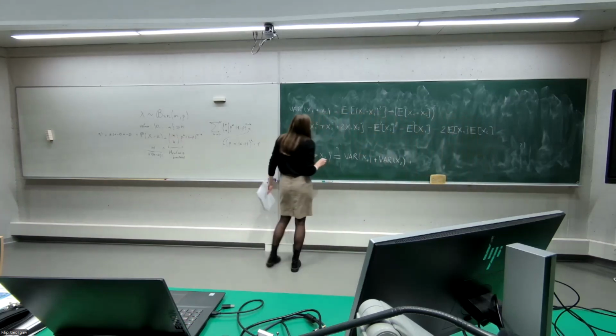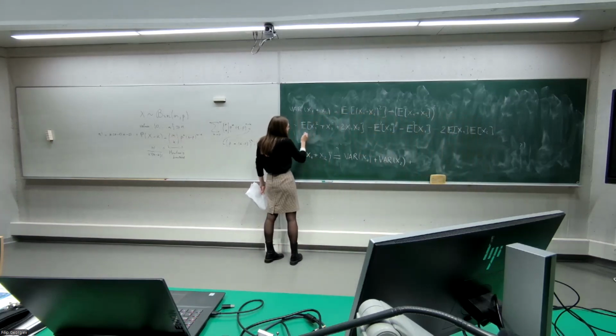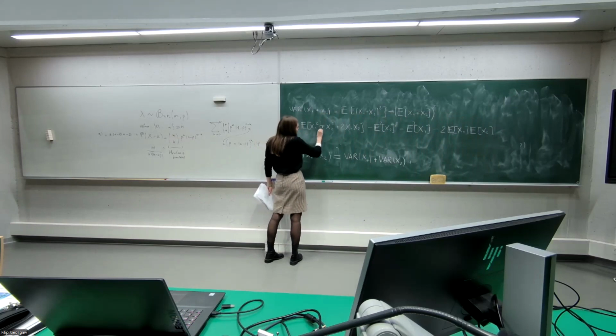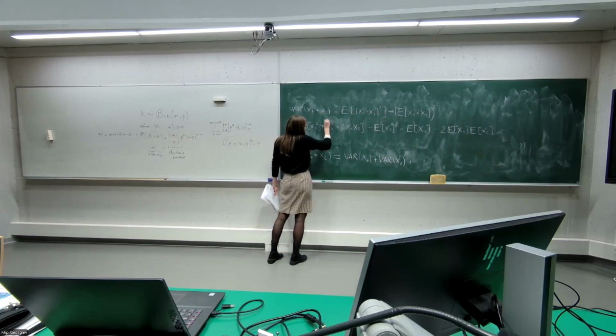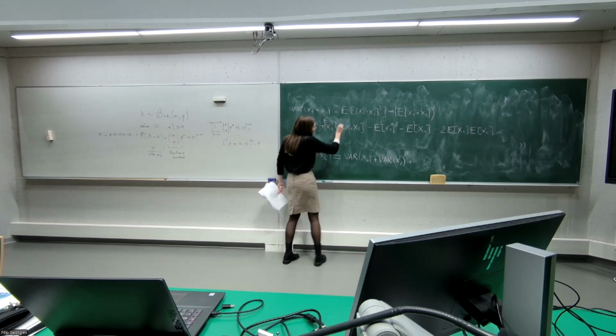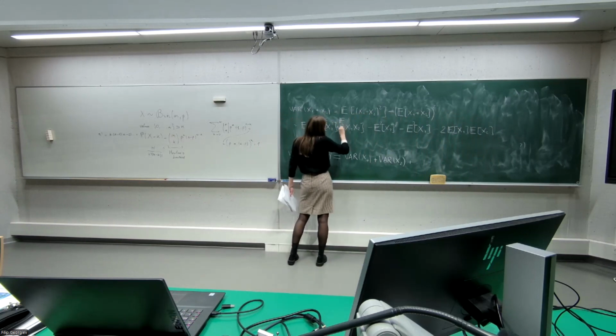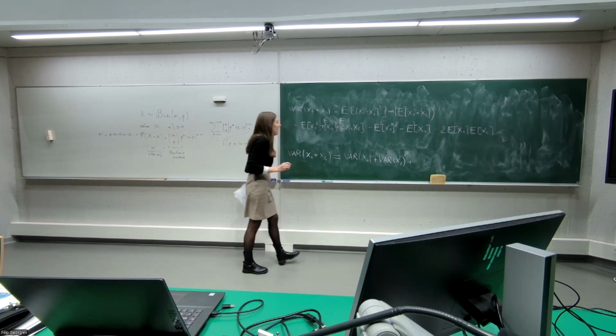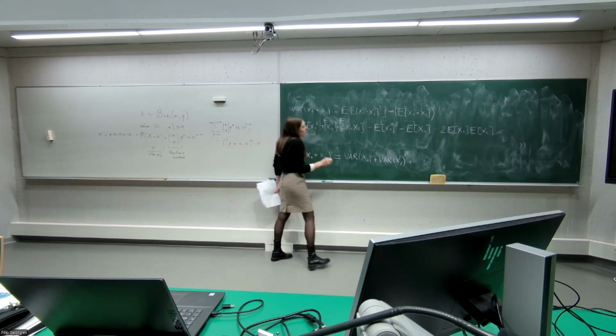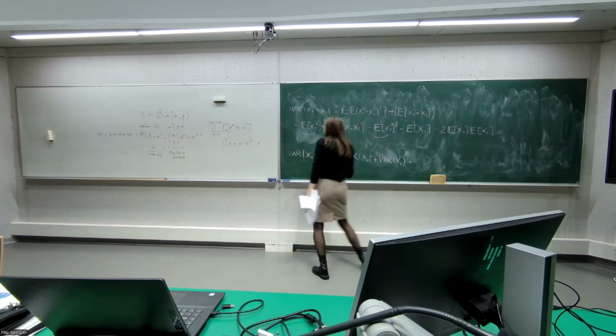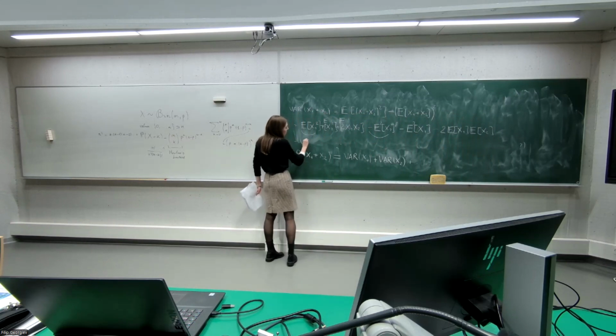For now, by linearity, I can split those, so let me cheat. If you do that, you recognize the variance of x1 here, so it's equal to the variance of x1.